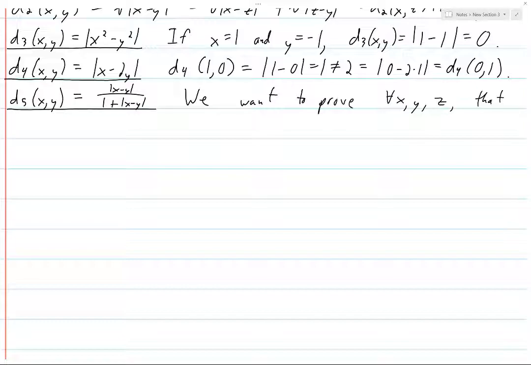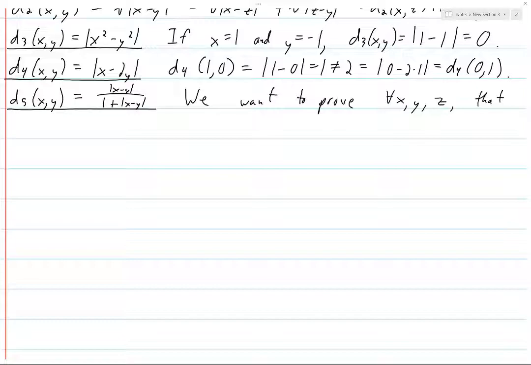So that takes care of the first requirement. Second requirement, symmetry, is obvious because the absolute value of x minus y is symmetric, and so doing this to it is also symmetric. So the only thing we need to do is to prove the triangle inequality.